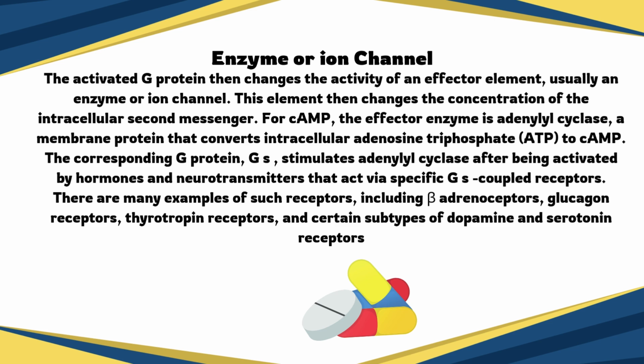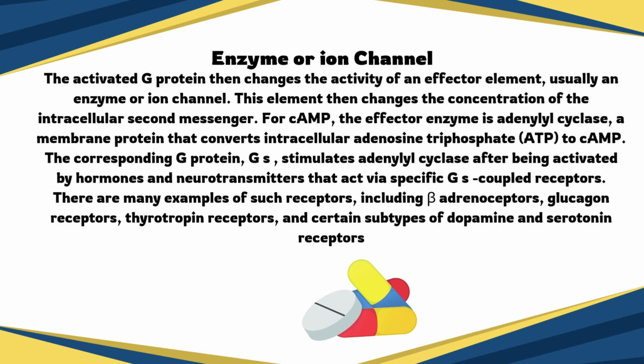The activated G protein then changes the activity of an effector element, usually an enzyme or ion channel. This element then changes the concentration of the intracellular second messenger. For cyclic AMP, the effector enzyme is adenylyl cyclase, a membrane protein that converts intracellular adenosine triphosphate to cAMP.